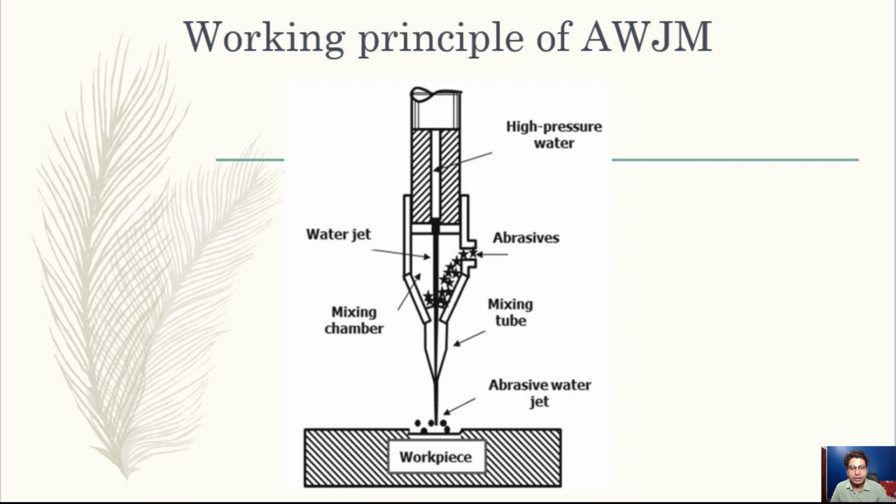Now, the working principle of abrasive water jet machining. The principle of mechanical erosion is the mechanism abrasive jet machining uses to remove or cut material from the workpiece. The principle of abrasive water jet machining is based on abrasive particles mixed with a high-velocity stream of water directed at a given specimen.